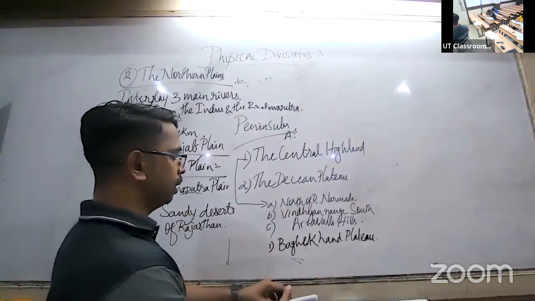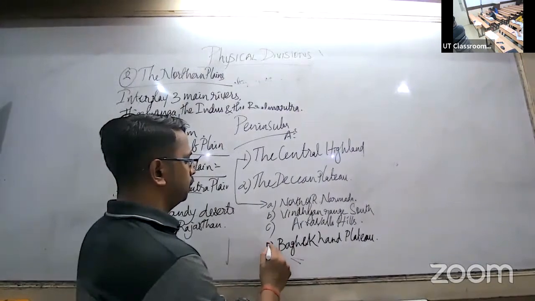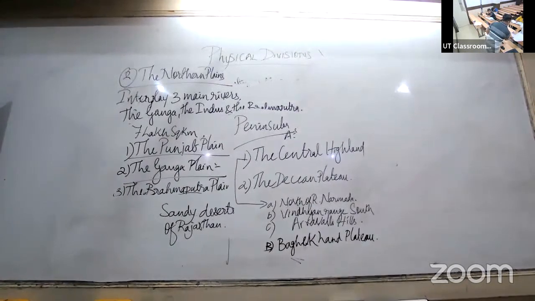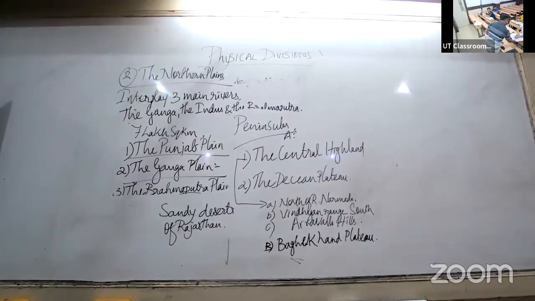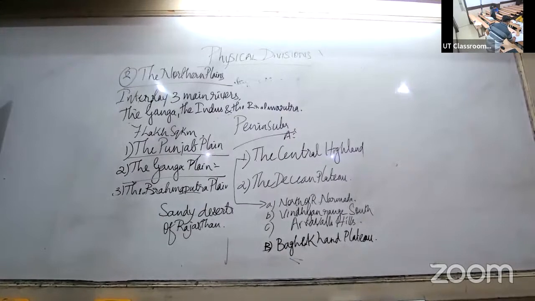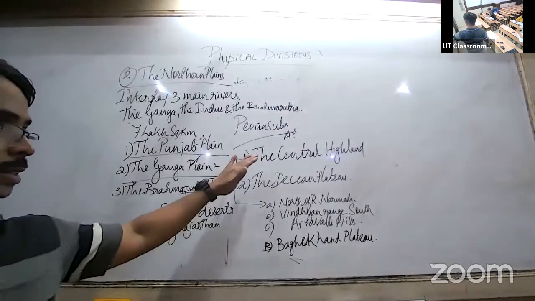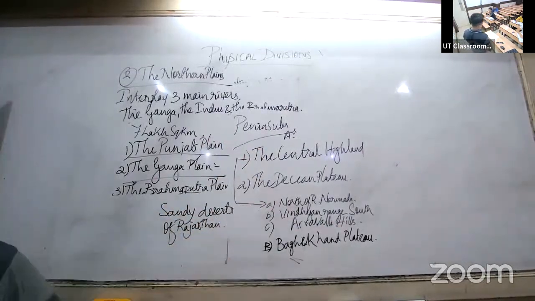So you have written A earlier, is it? Now you write B. This is a part of this Central Highland only, but I can cut it, it will come separately.